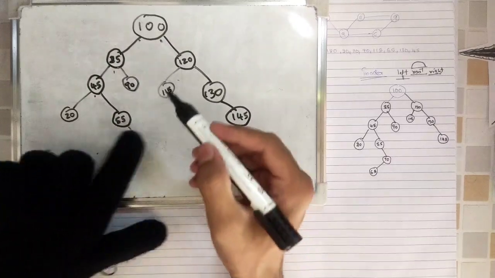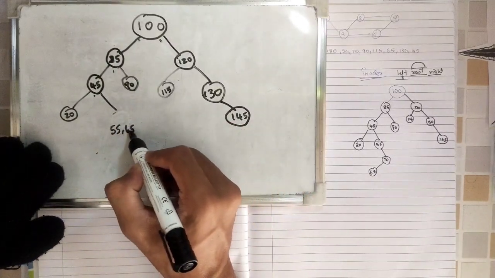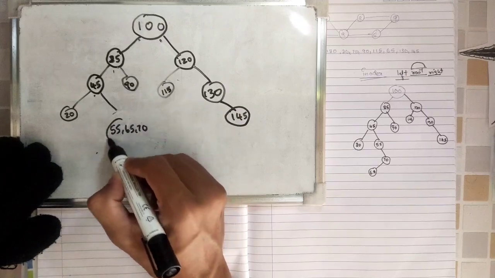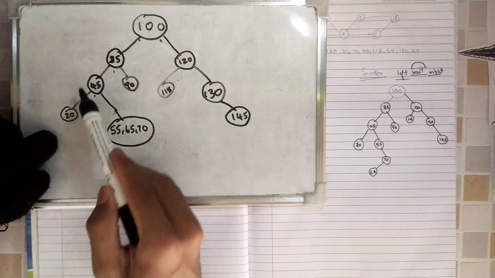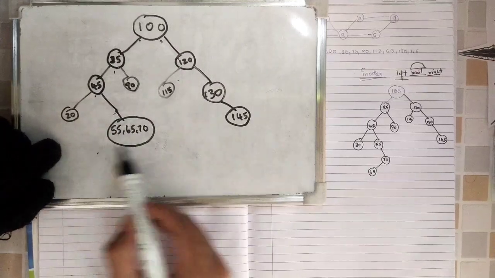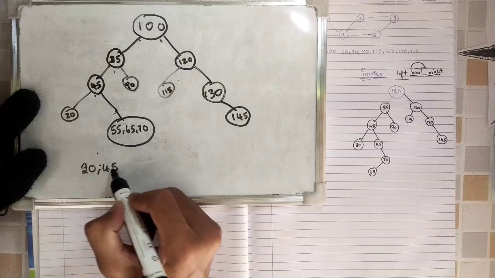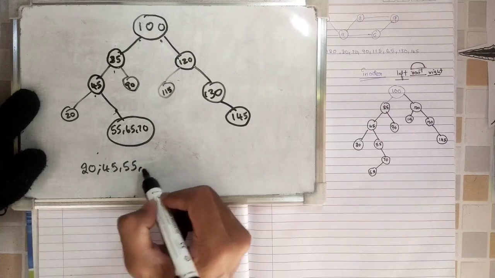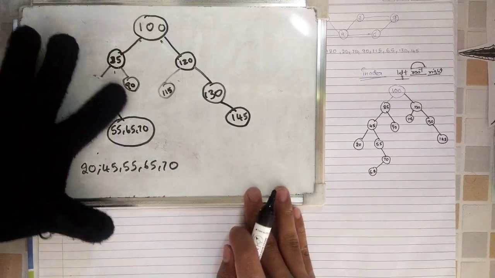So for this itself I will write 55, 65, 70. Similarly now 20, 45, and I will write directly 20, 45, 55, 65, 70. Okay, so this much is over.